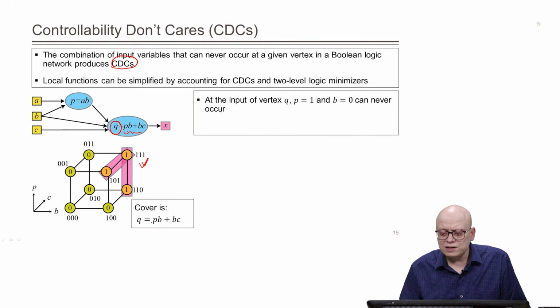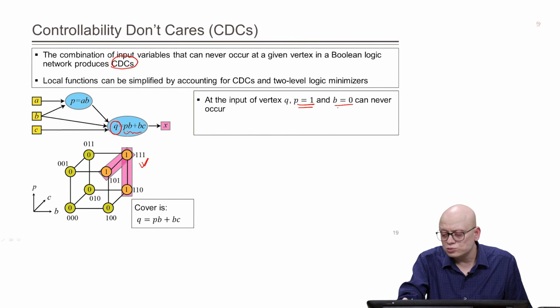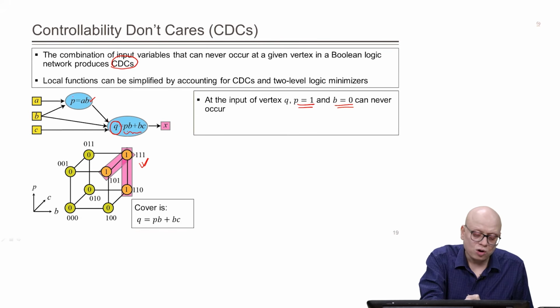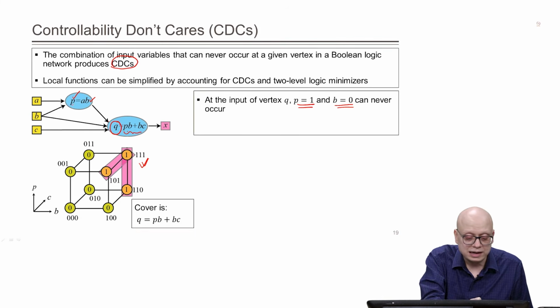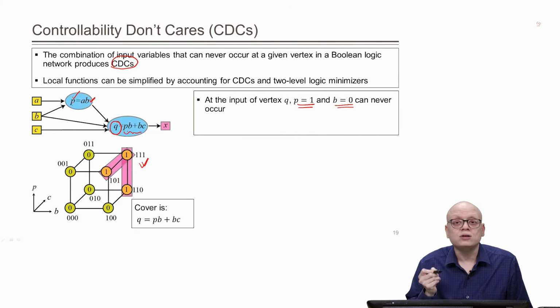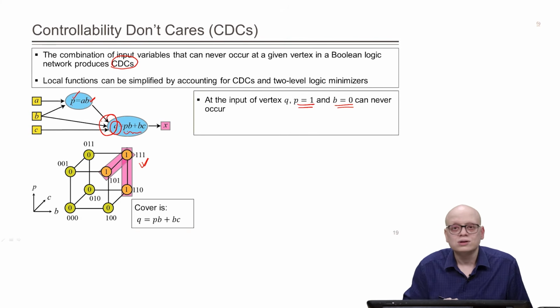Now, at the input of vertex q, p equal to 1 and b equal to 0 can never occur, right. If b is equal to 0, then p will always be 0, by the definition or the constraint that p is equal to ab. It cannot be anything else, and therefore p equal to 1 and b equal to 0 can never occur at this node, right.